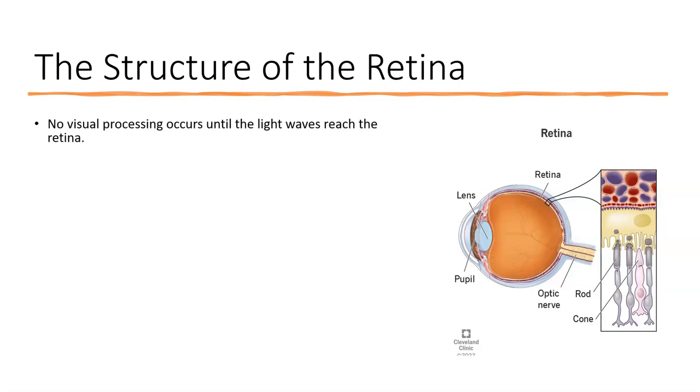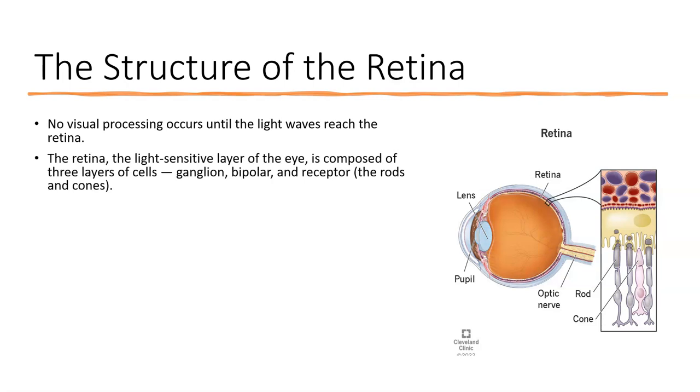So just to review what he described there in the video, you don't have any visual processing that happens until the light waves actually reach the retina. That light is coming in and then it reaches those sensory cells, the light-sensitive layer of the eye that has the ganglion, bipolar, and receptor cells, the rods and cones.